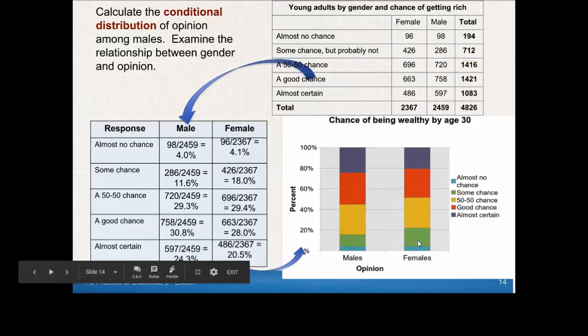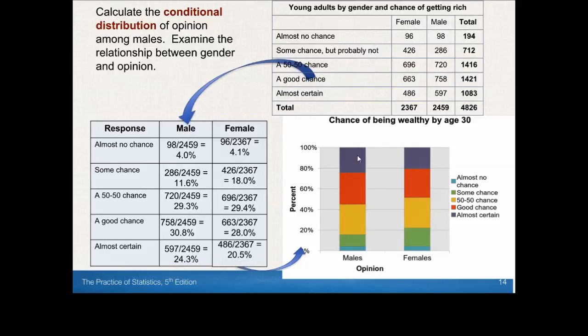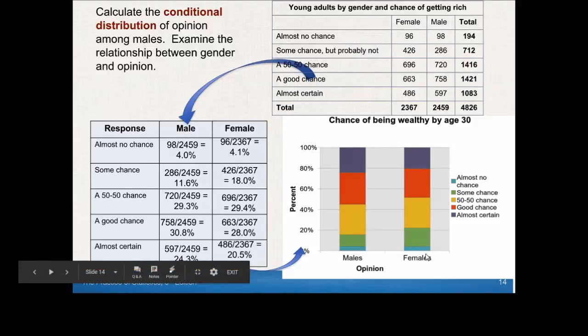And then the some chance, you can see that the female, the area of that is larger than that one, and sure enough, you can see that in the numbers. That gets a little bit more difficult because you have to sort of estimate, but you can see they're about the same. It looks like the males are a little bit more on that one, and then males a little bit more on that one too. So this just gives you a different way of looking at the data.